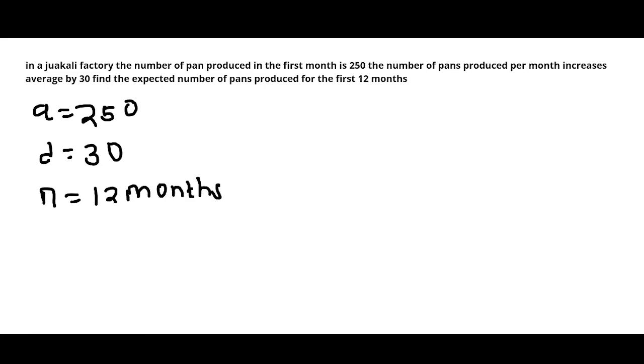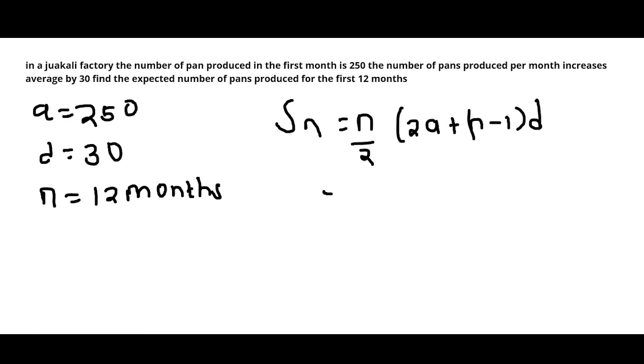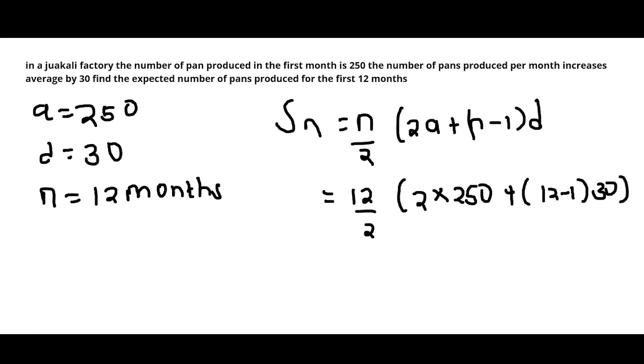So here it's like they are asking us to find the sum. So Sn equals n over 2 into brackets 2a plus n minus 1, then d. So 12 divided by 2 into brackets 2 times our a, which is 250, plus n, which is 12, minus 1, and d is 30.